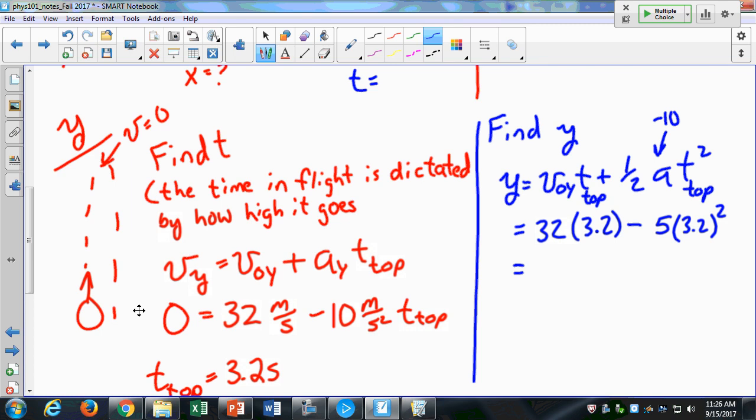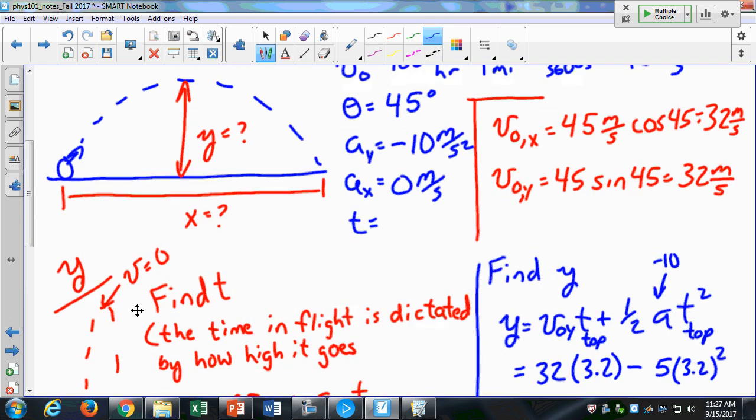Get 102 minus 51. I get 51 meters. That might be a little high, but he goes pretty high up above that road. So that's the maximum Y height. So if we go back here, this is equal to 51 meters.